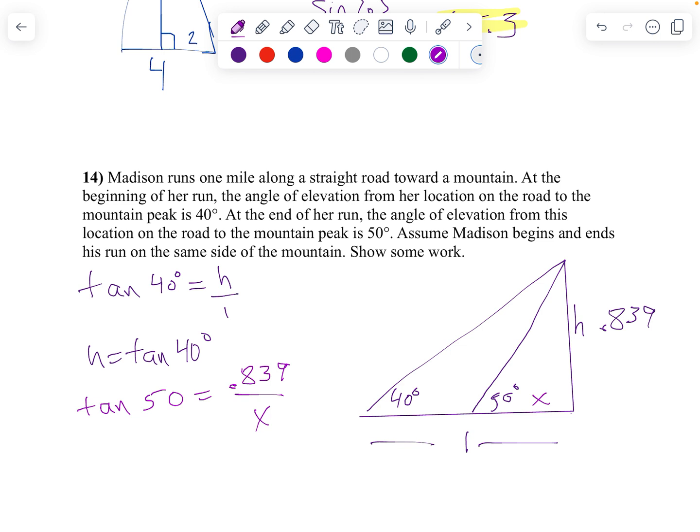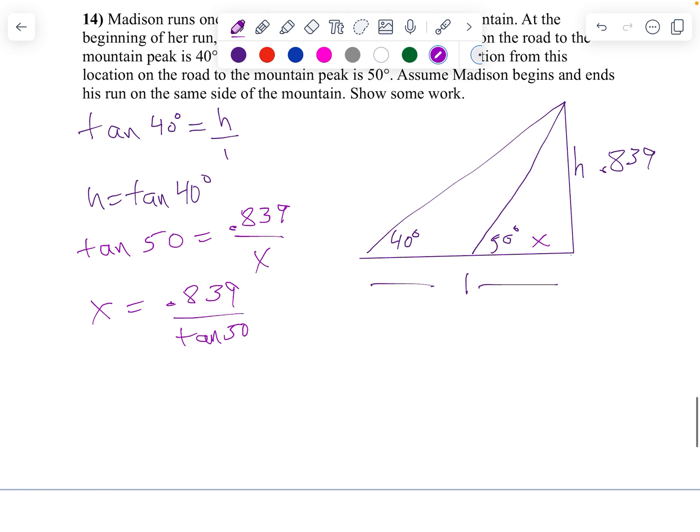Now, if we take x, that will then be 0.839 divided by the tangent of 50. And we get like 0.704 miles.